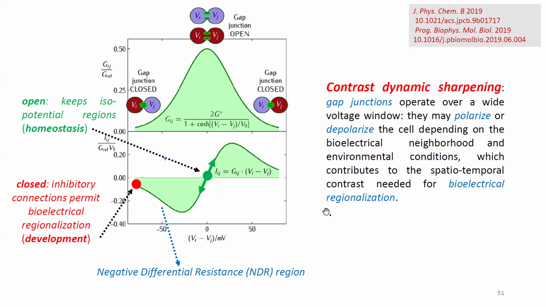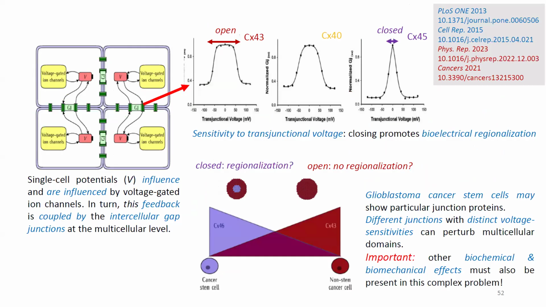But before that, it's important to say that in this model, where the cell state is controlled by the voltage-gated ion channels and the multicellular states are controlled by the gap junctions, the gap junctions can show very different conductance versus transjunctional voltage.